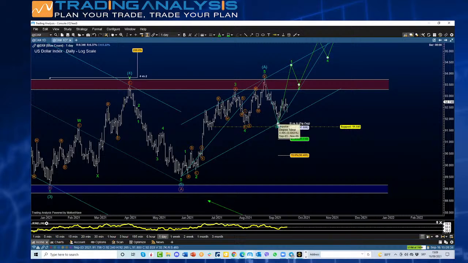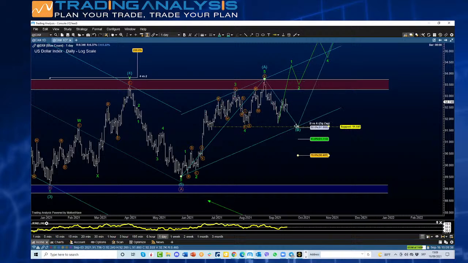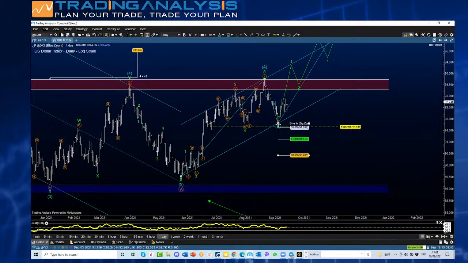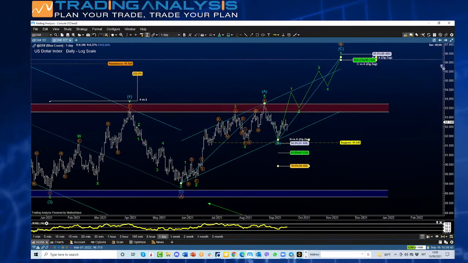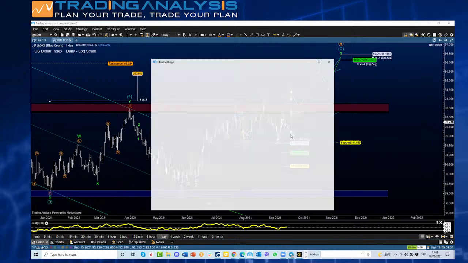And we actually made this B wave here. It doesn't necessarily have to be here. It can fluctuate a little bit more, but as a confirmation for a further advance towards these 96, 97 levels, we'd like to see a 5-wave sequence develop here, which is potentially forming.